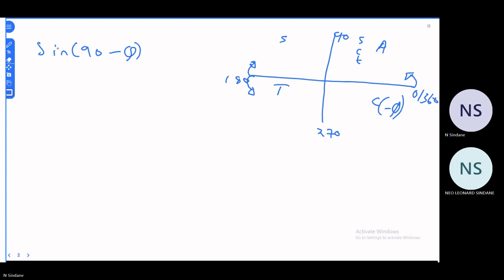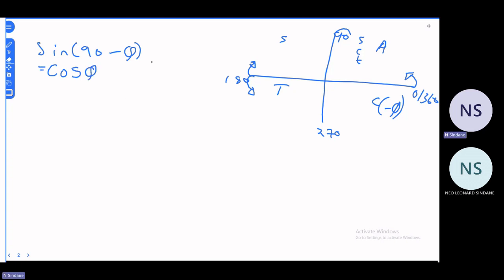So in this case, if I say sine 90 minus theta, I'm falling into the first quadrant, where all of them are positive. So because these are coratios, it's going to change to cos.